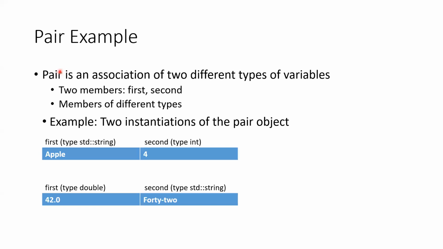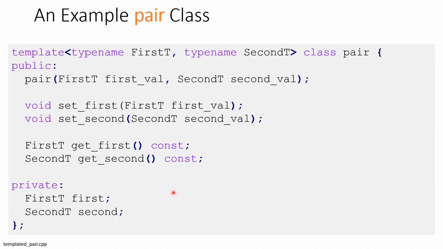So here are the specifications. You want to have two members, the first and the second, and they can have different types. Like it can be a string and an integer, can be a double and a string. And here is the function prototype set header class for this.